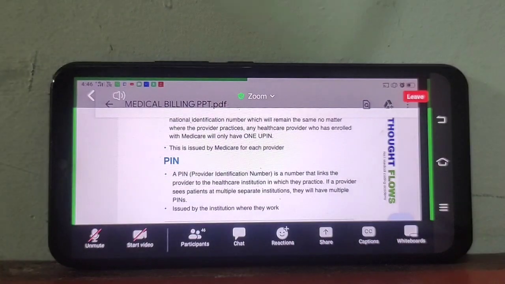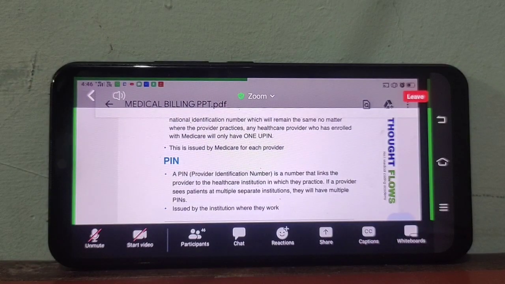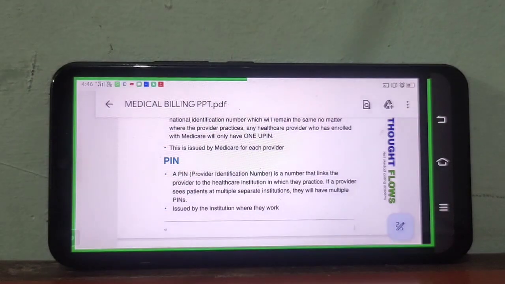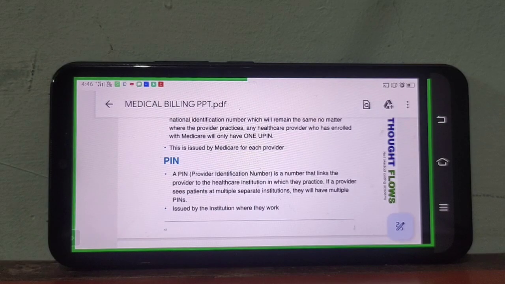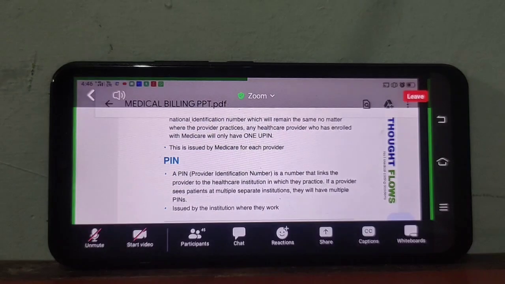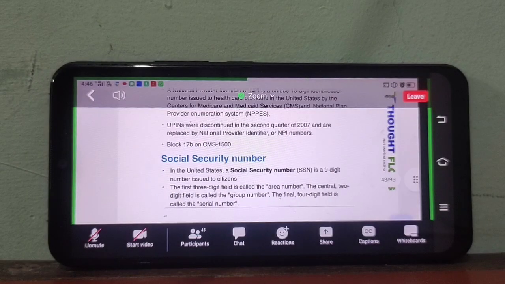If a doctor works in different hospitals, each hospital will give a different ID number. That is why a doctor can have more than one PIN number but only one NPI number. Did you understand? Yes.